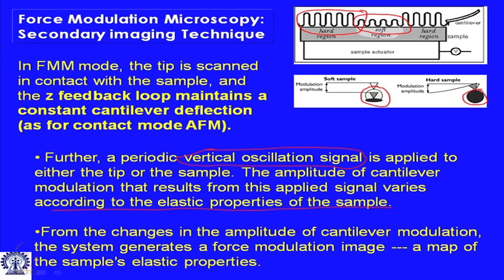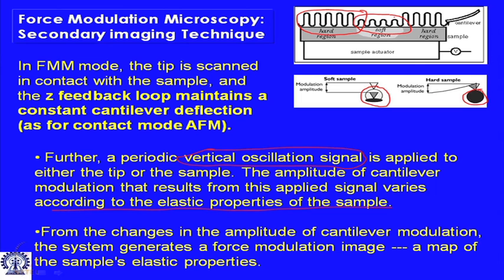In a hard region, the amplitude of the output oscillation will be almost the same as that of the input oscillation. However, over a soft region, a part of this oscillation will get damped or dissipated over the softer zones, and the output signal will have a much smaller amplitude.